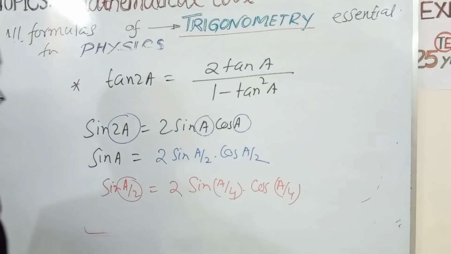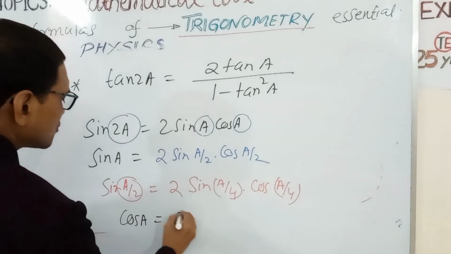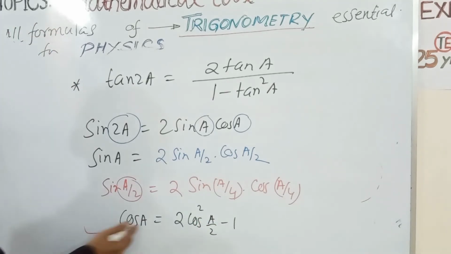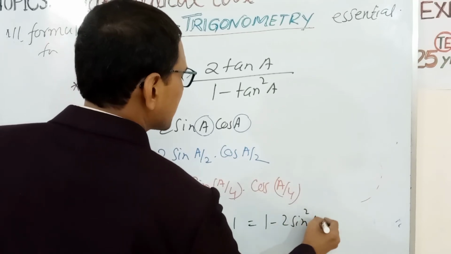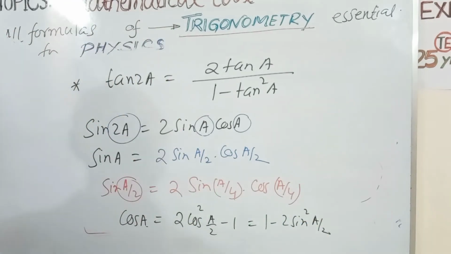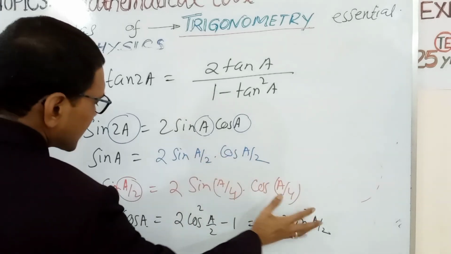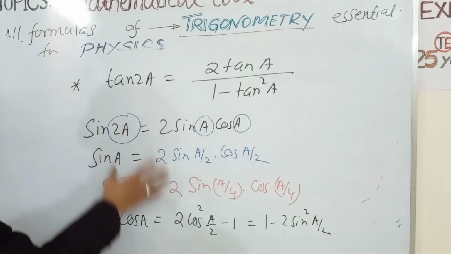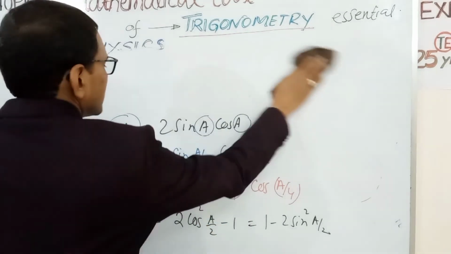Similarly, cos a equal to 2 cos square a by 2 minus 1, or 1 minus 2 sin square a by 2. So these are the same as multiple angle formulas. Just remember that the angle will be half on the right side.